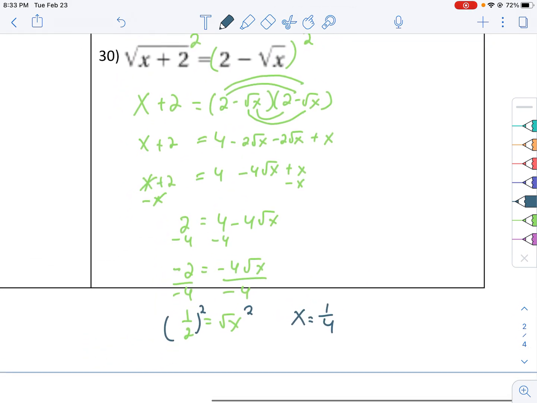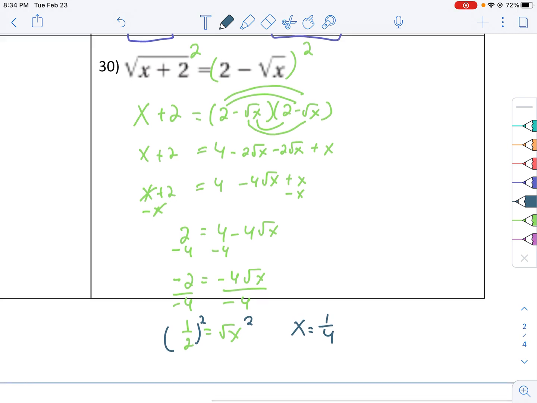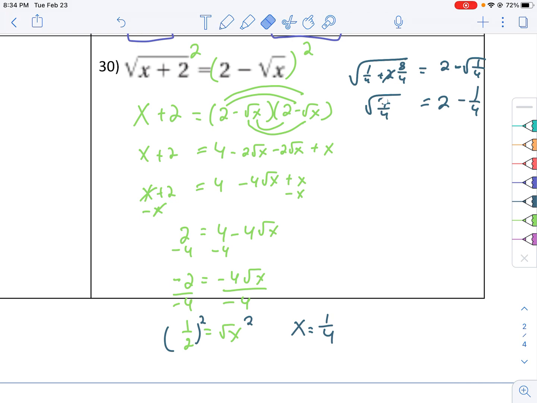Alrighty. So 1/4, plugging this back in. Gonna be not the nicest thing ever, but let's do it. Square root of 1/4 plus 2. Does that equal 2 minus the square root of 1/4? Square root of 1/4 is easy. That's just 2 minus 1/4. On the left side, let's make this 8/4. So that's going to be the square root of 7/4. All right. Or, sorry, 9/4.